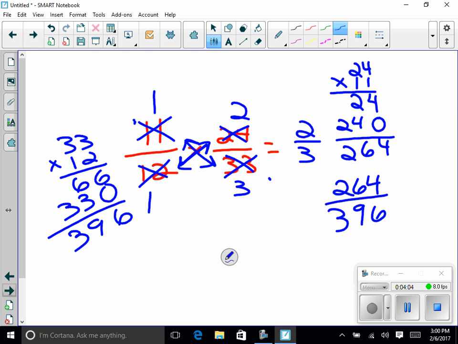And then you would have had to look at that 264 over 396 and reduce, which would have ultimately come down and turned into 2/3. So I know my method, I would rather go and see if I can reduce at the start than reduce at the finish. So there's multiplying fractions by fractions.